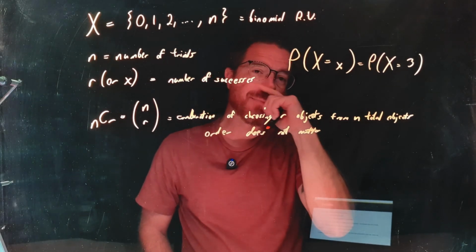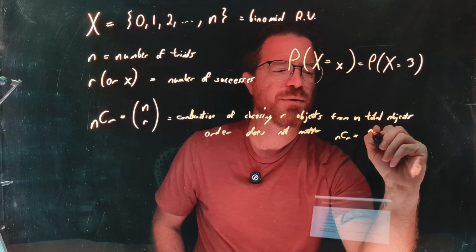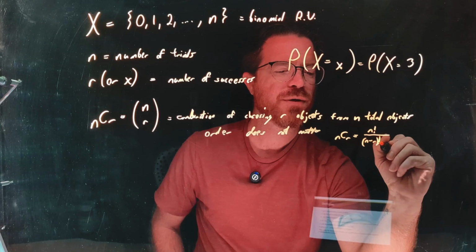Just a quick recap on that: nCr is equal to n factorial divided by n minus r factorial times r factorial.